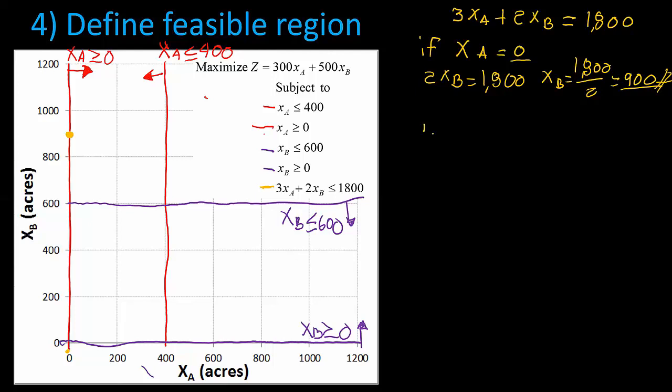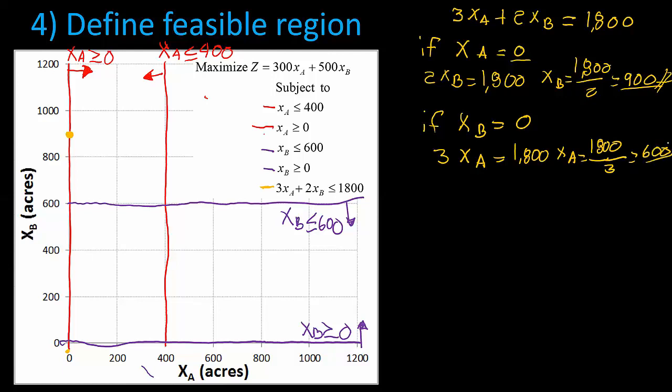So if XB is equal to 0, then we're going to have that 3XA equal to 1800. XA will be equal to 1800 over 3, equal to 600.